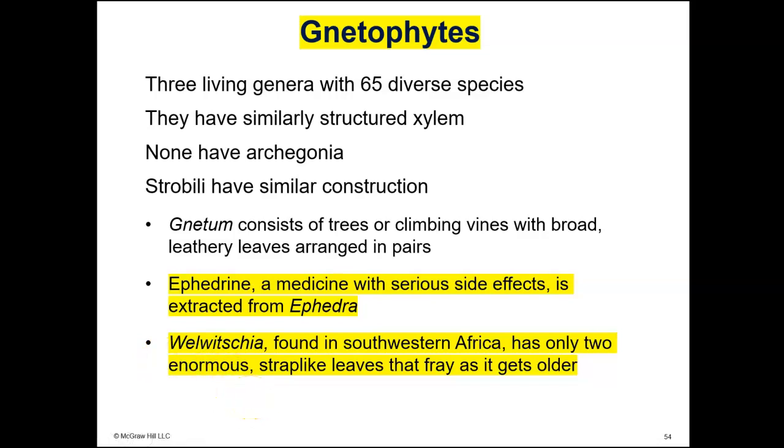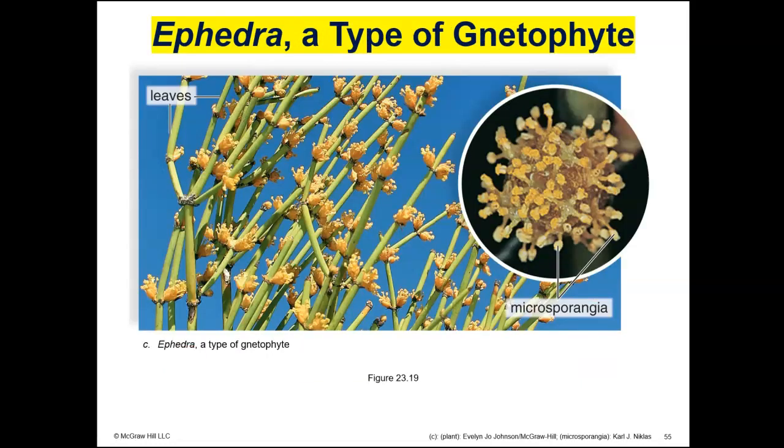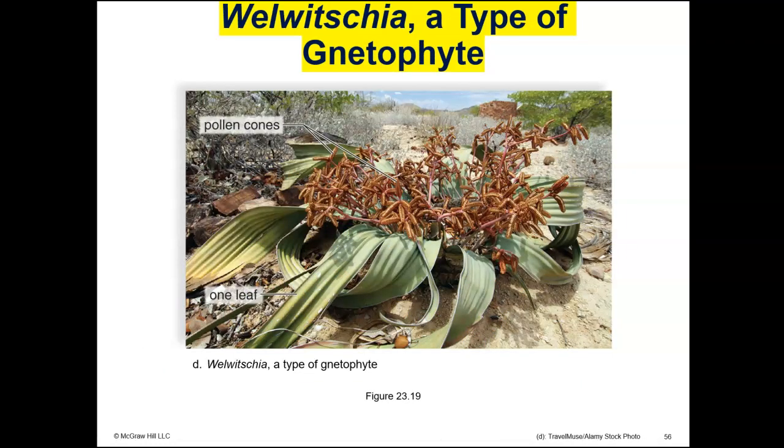That is a gnetophyte that only has 2 huge leaves, and it can live for, you can Google this if you want to, literally like 1,000 years. They live very, very long. This is showing you one of the leaves. It just looks like more leaves because it's all folded and wrapped around itself. But this is the Welwitschia, which lives a very long time and has 2 leaves.